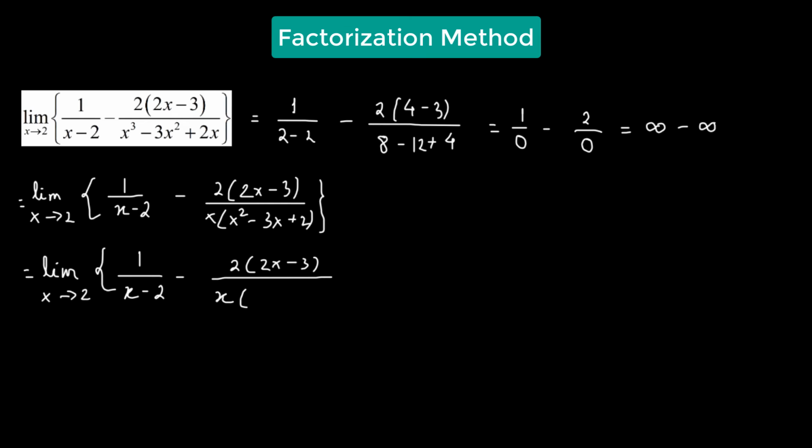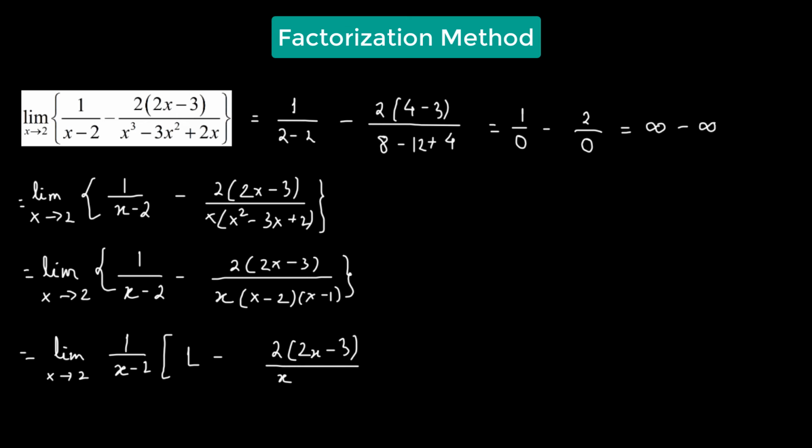So that will give us x minus 2 times x minus 1. Now we are going to factor out 1 over x minus 2 from each of the two rational functions. So that would leave us with 1 minus 2 times 2x minus 3 divided by x times x minus 1.